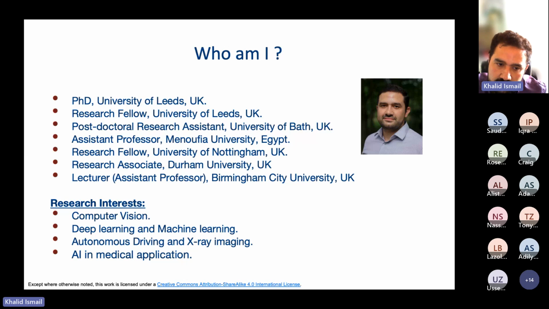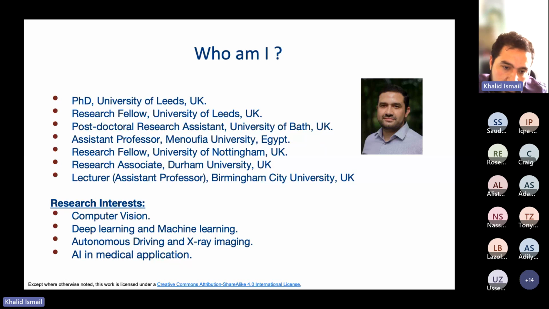My main interest is in computer vision, which is image data. I've been working on autonomous driving, or self-driving cars, with a few collaborations with Jaguar Land Rover and Renault in that research, and also X-ray imaging. I'm going to talk about that in detail in the last sessions.